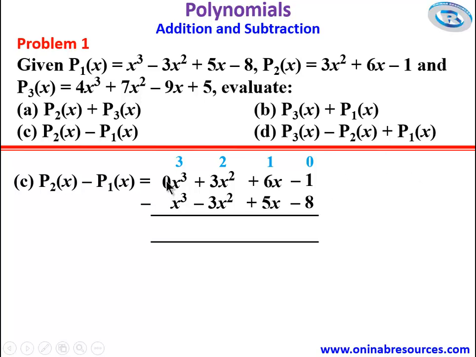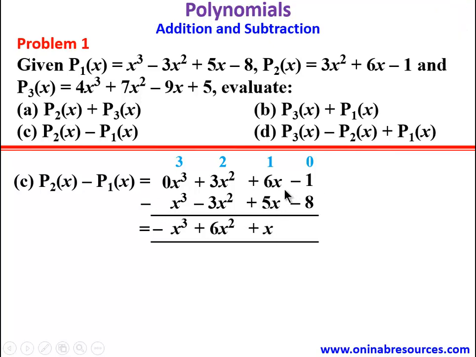So we can see now 0x3 minus x3 will give us minus x3. Then 3x squared minus 3x squared will give us 3x squared plus 3x squared, which will give us plus 6x squared. And 6x minus 5x will give us x.